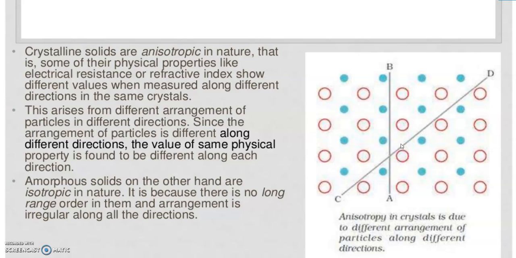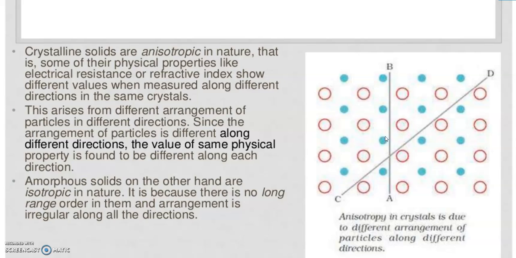It is due to the different arrangement of particles in different directions. Here you can see there are different arrangements. Due to this, the anisotropic property exists. But if we take amorphous solids, on the other hand, they are isotropic in nature.